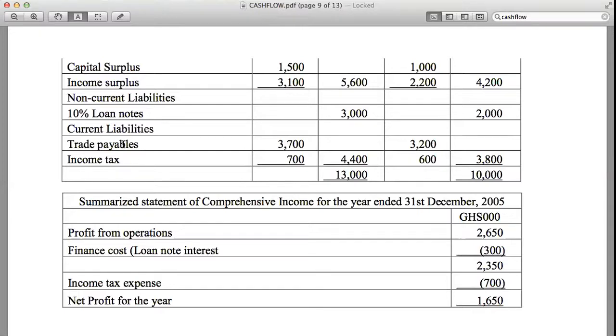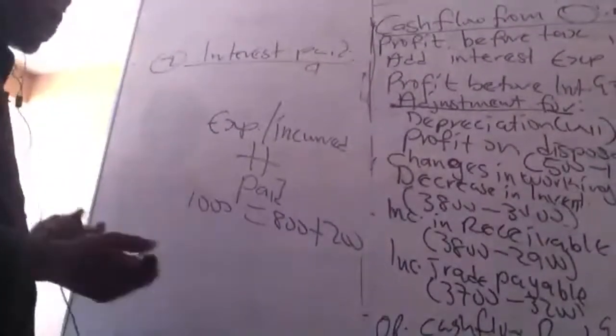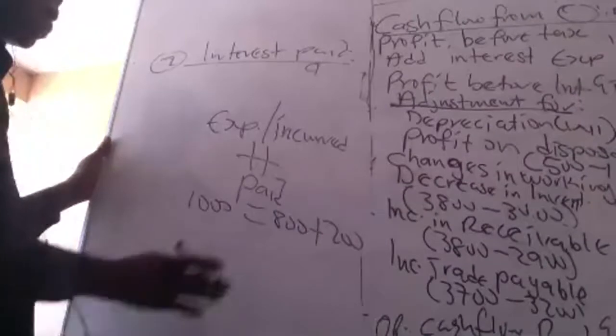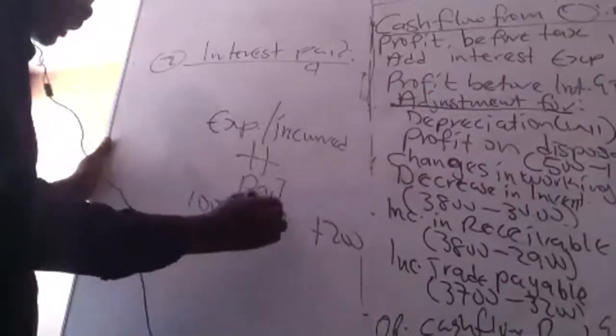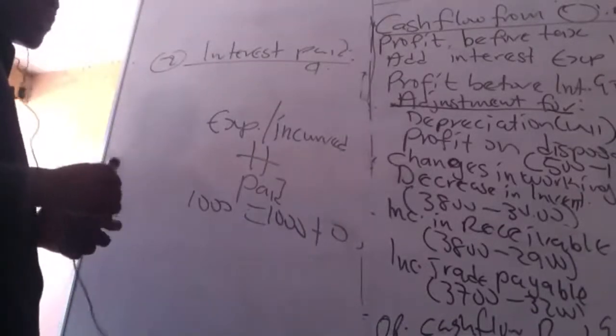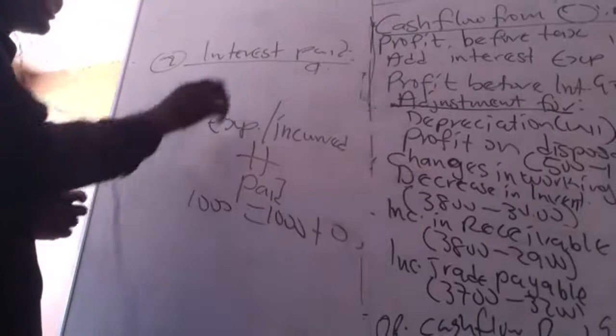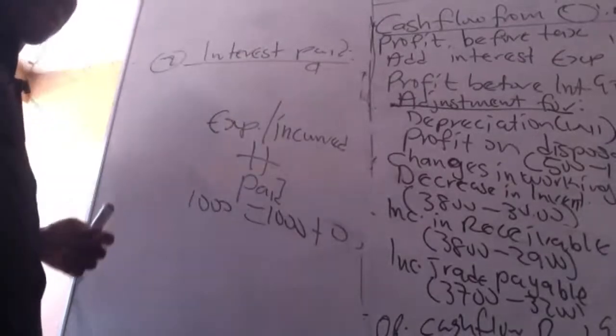So meaning they are not owing any expense. They are not owing any of the interest. So when it happens that way, the interest expense is the same as what? Interest paid. Good. So that's the critical situation. Where you are not owing, assume that here you paid the entire 1,000. It means that here the owing is what? 0. So the truth of the matter is that where you are not owing interest, the interest expense is the same as the interest paid.